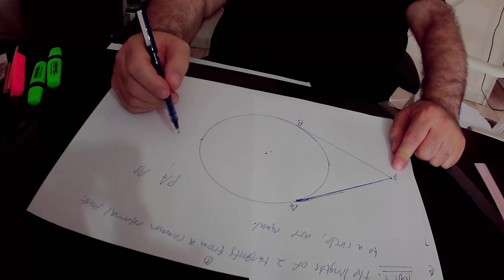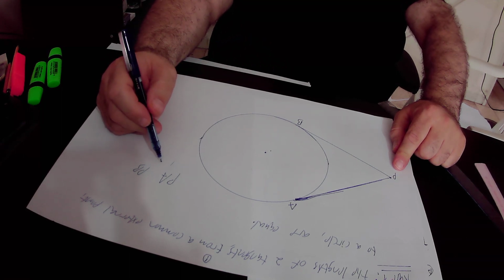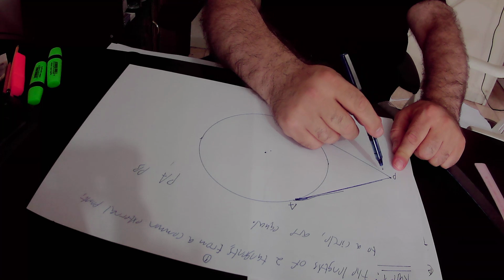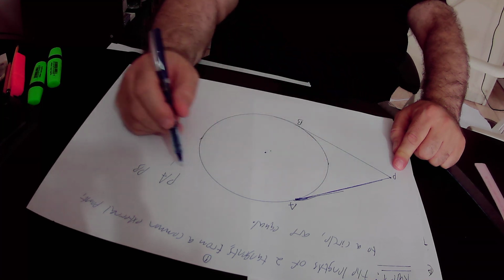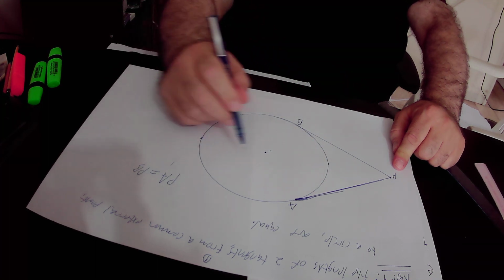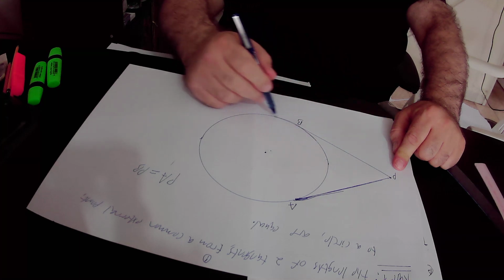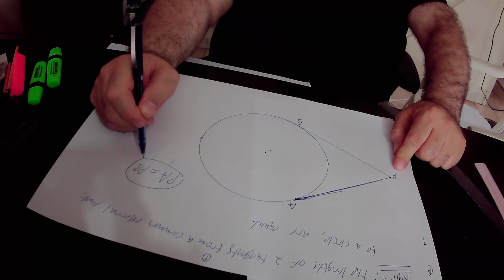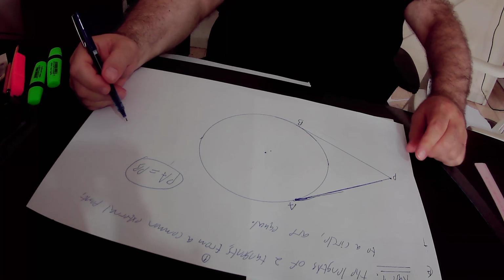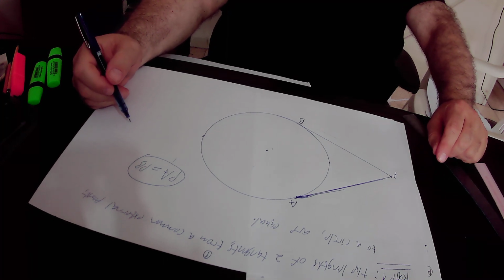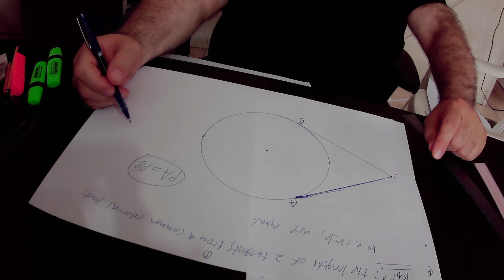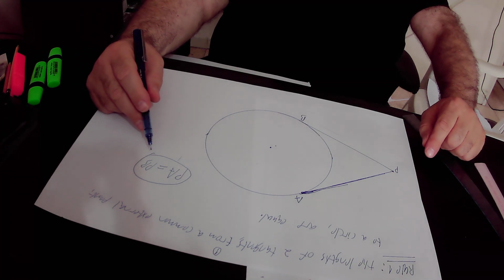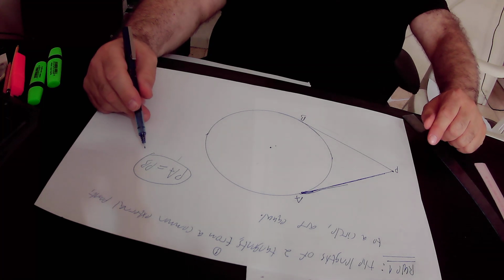That is to say, PA must be equal to PB. So whenever you draw two tangents to a circle from a common external point, the lengths of those two tangents will be equal to each other. In this case, PA will be equal to PB.